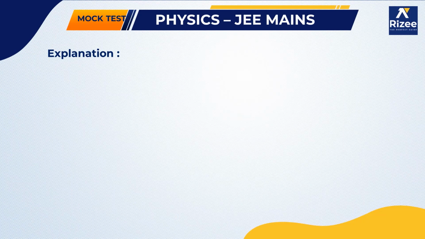Coming to this diagram, in the left loop there is a 5 ohm resistance. Here there is a battery of 20 volts, a resistance of 2 ohms, and a resistance of 10 ohms provided here.